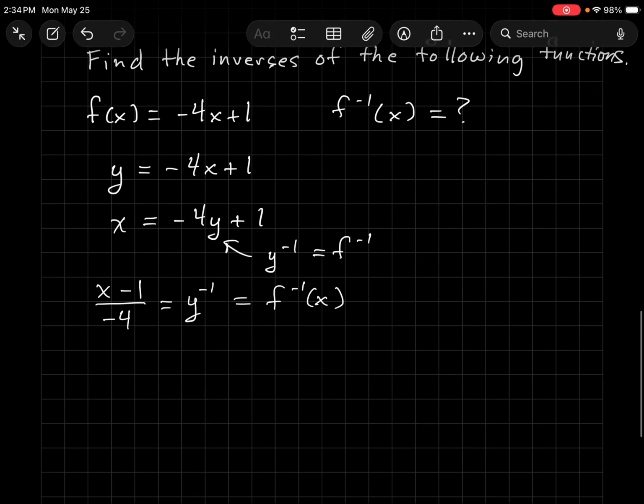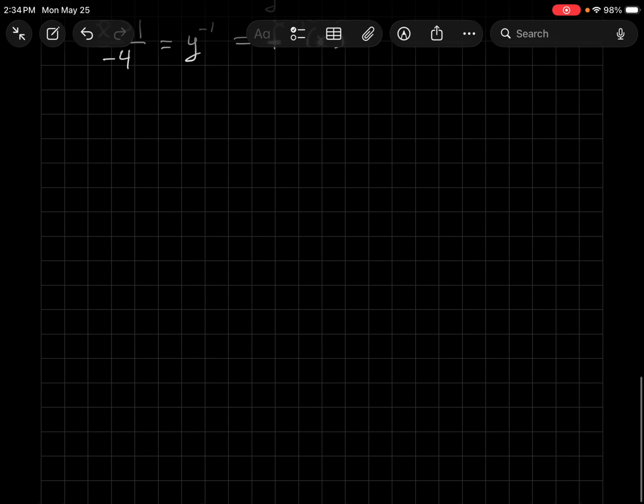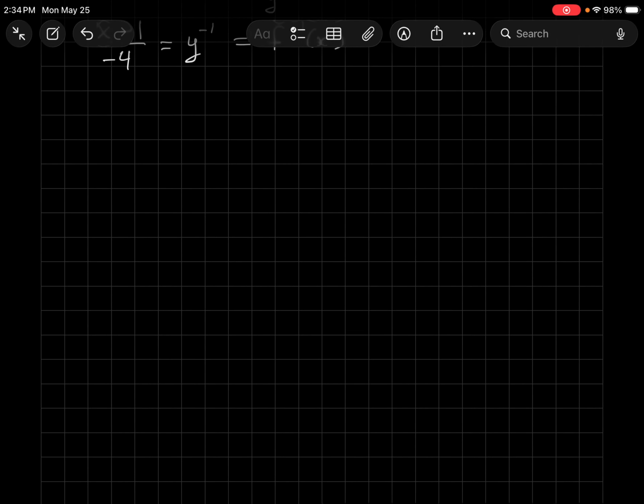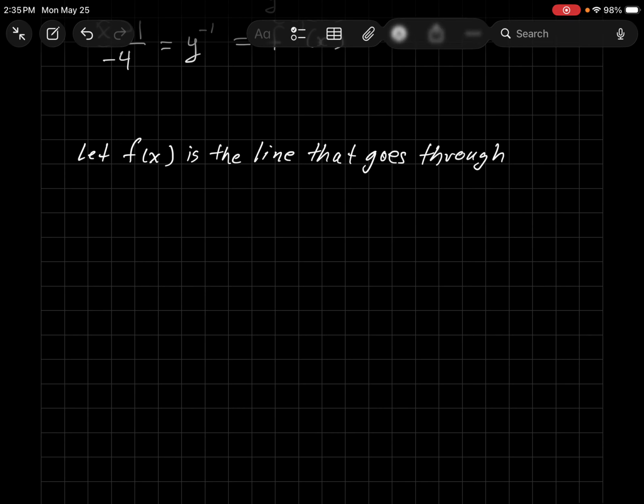Let's try another one. Let's say f of x is a line that goes through some points. How about 8, 3? And let's just give the slope along with this one.